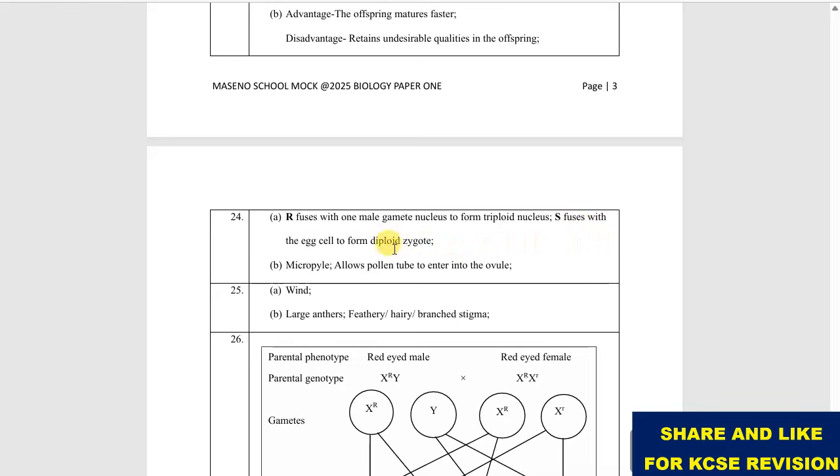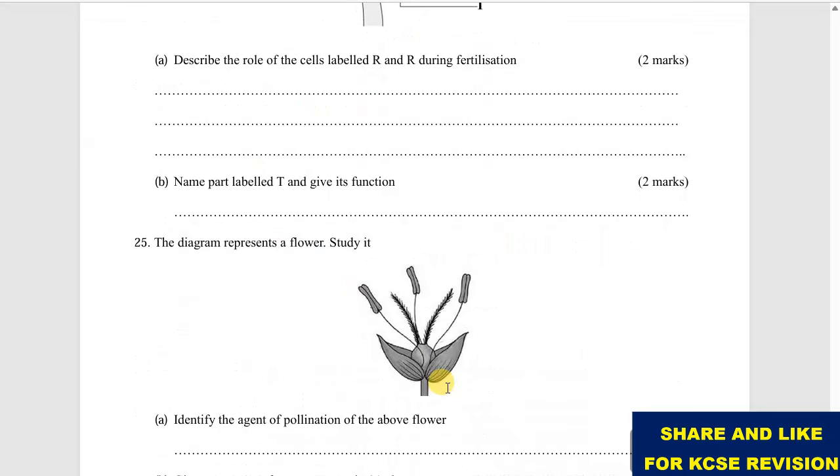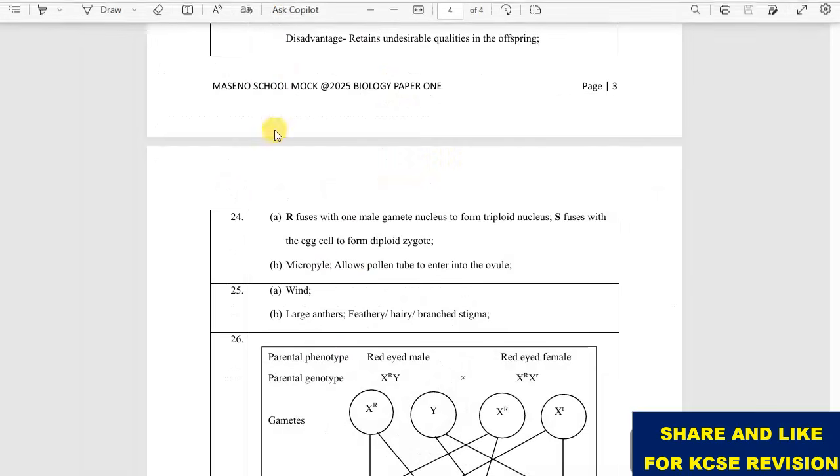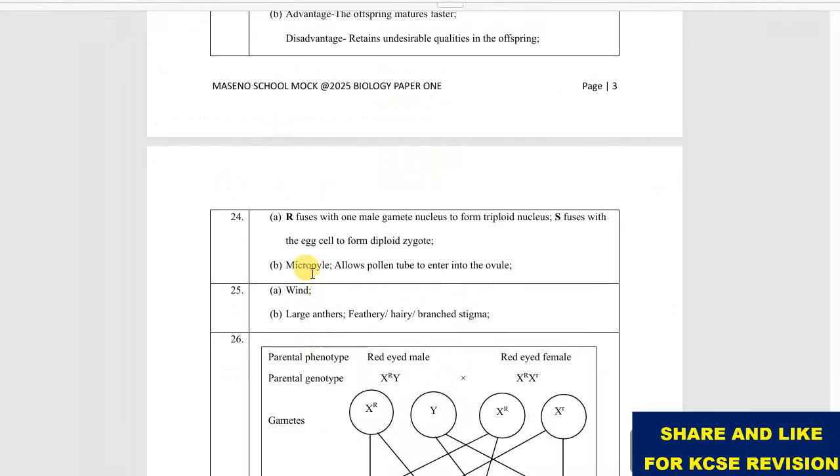S fuses with the egg cell to form a diploid zygote. Name the part labeled T and give its function. Micropyle; it allows the pollen tube to enter into the ovule.